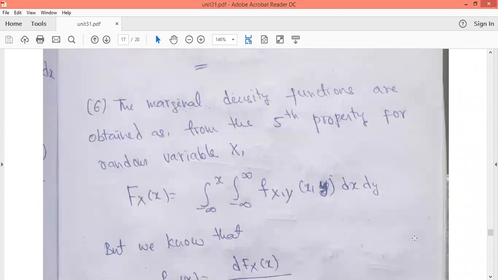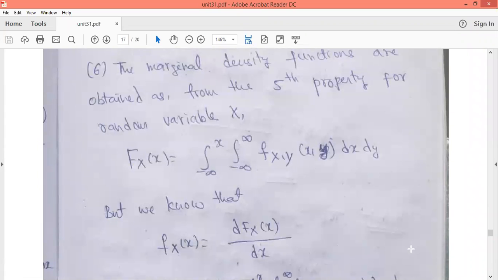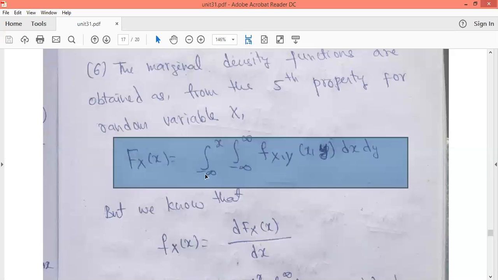And the sixth property will tell us how to find the density function. So we know what the distribution function is. The distribution function Fx of x, that is the marginal distribution function, is the integral from minus infinity to x, and the y value is minus infinity to plus infinity, of fxy of x comma y dx dy. Okay.